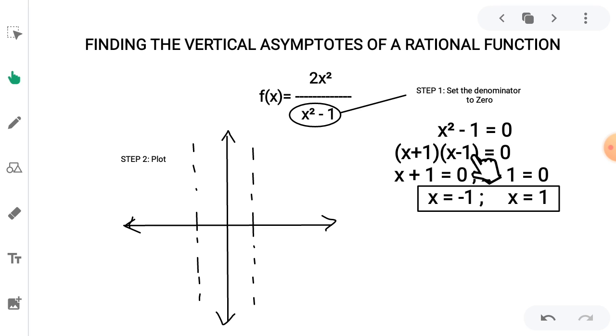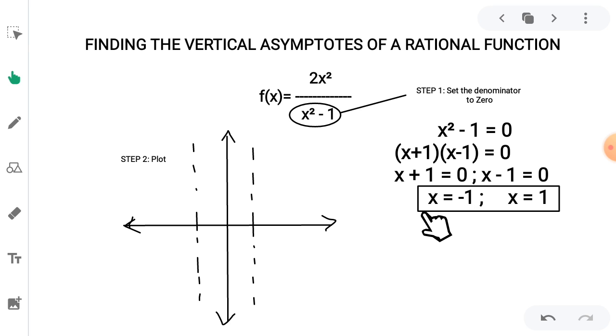Then we evaluate using the zero product property. So x plus 1 is equal to 0 and x minus 1 is equal to 0. Transposing the positive 1 to the right side yields negative 1, and transposing the negative 1 to the right side gives us positive 1.